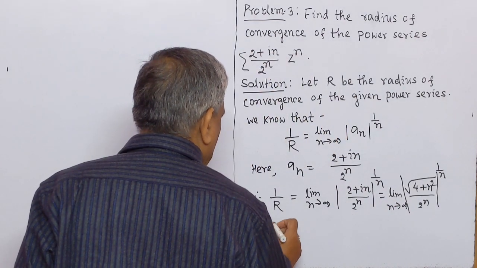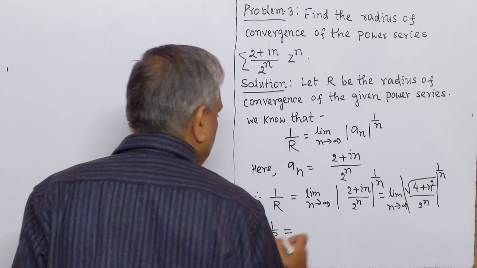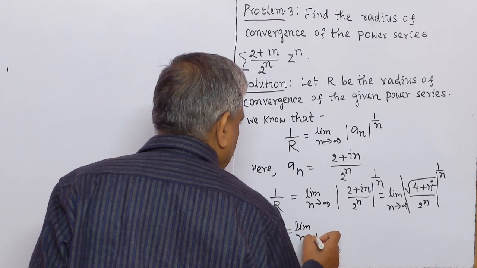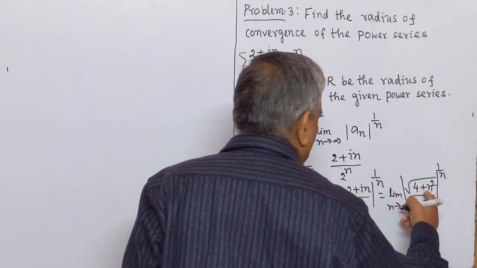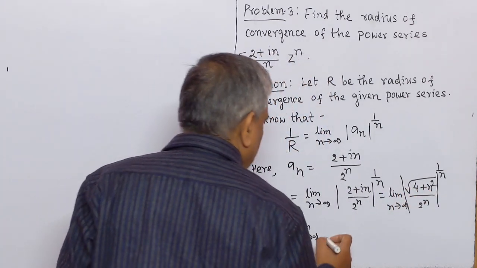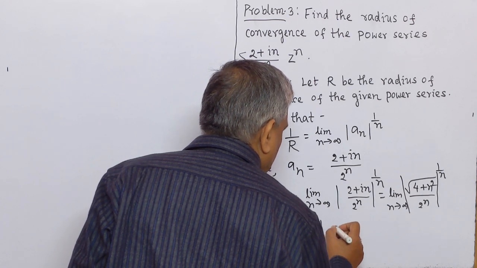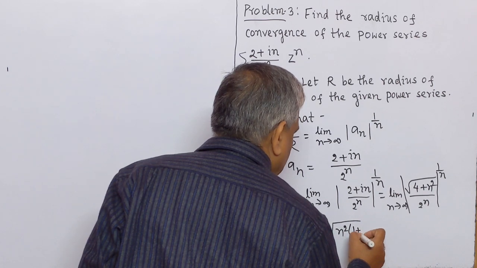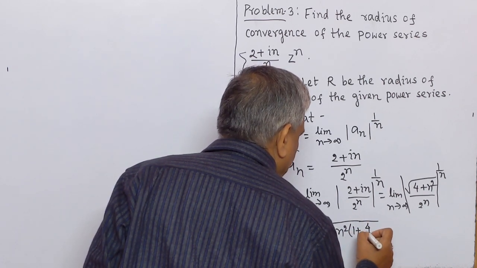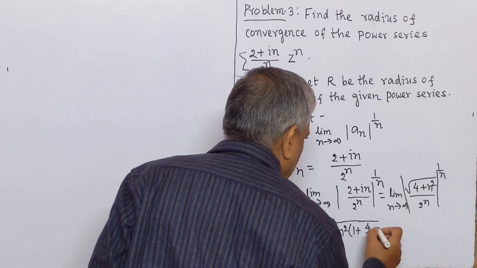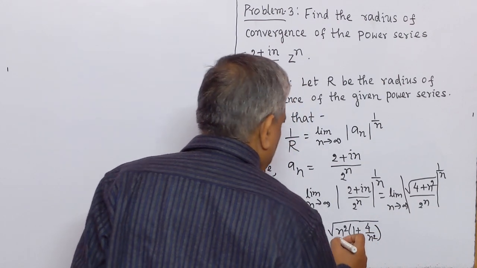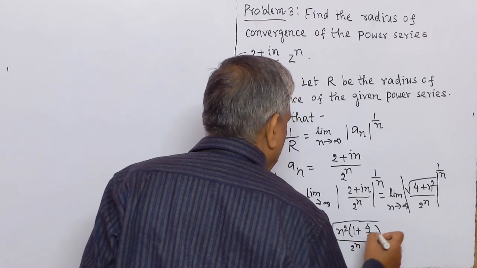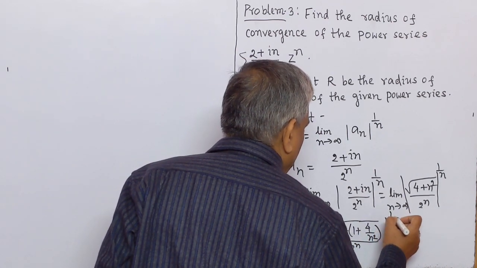Implies that 1 by r equal to limit n tends to infinity. Here we take common n square out: square root of n square (1 plus 4 by n square) by 2 to the power n, whole to the power 1 by n.